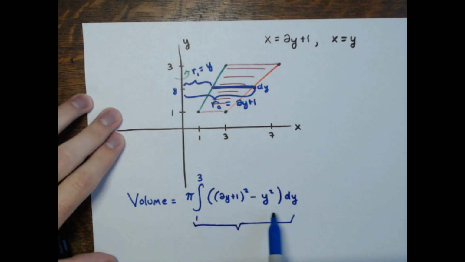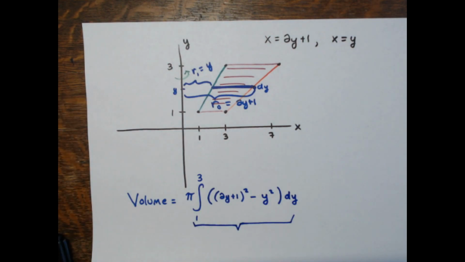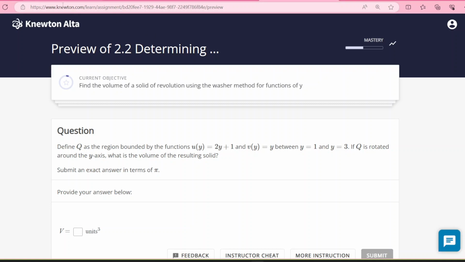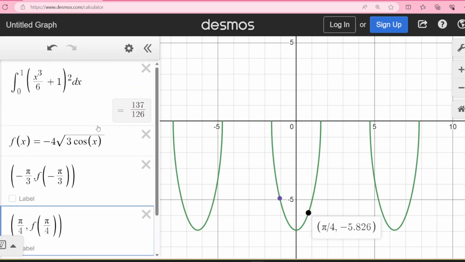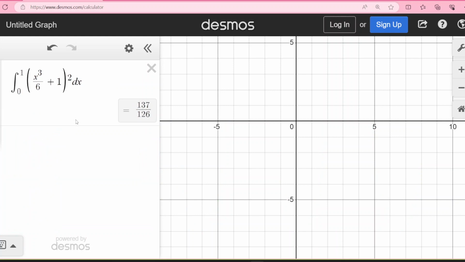Okay, now this integral here I know is going to be a rational number because you have a polynomial here and rational limits and rational coefficients. So I'm just going to type that in. Go to Desmos with my definite integral already set up. This is from an earlier problem. We're doing the integral from 1 to 3.